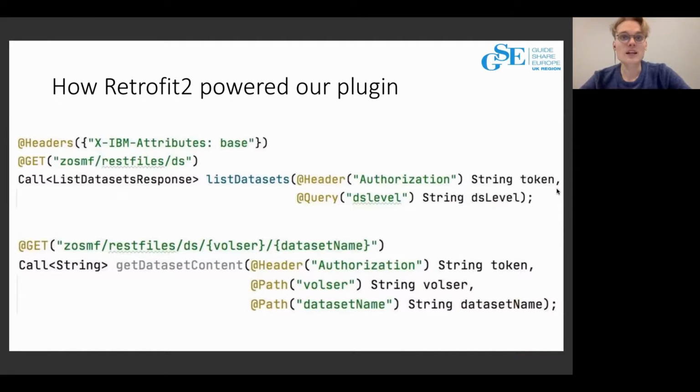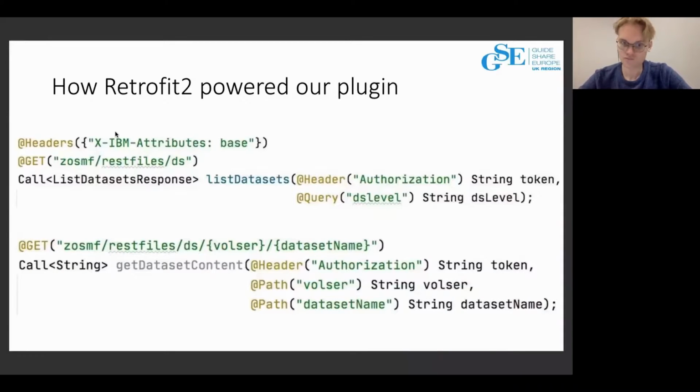This is how a simple HTTP request looks with Retrofit 2. Simply define one function, some annotations, and voila, you have your request defined. The only thing you have to do is provide a callback function and done.